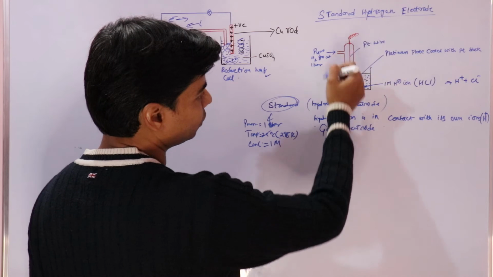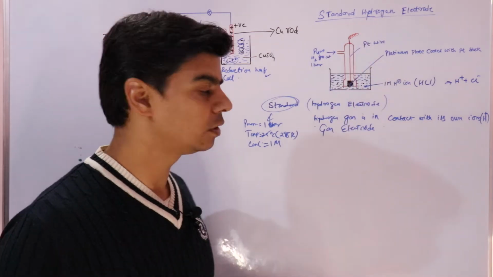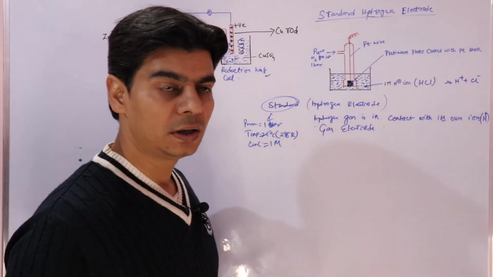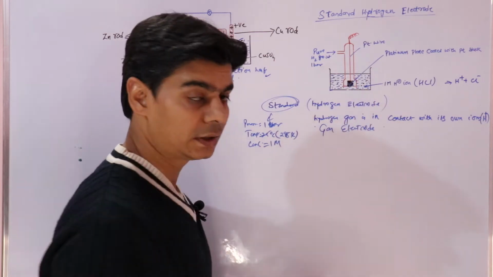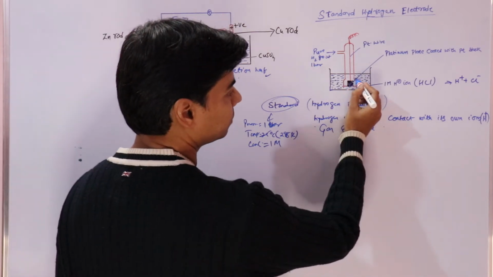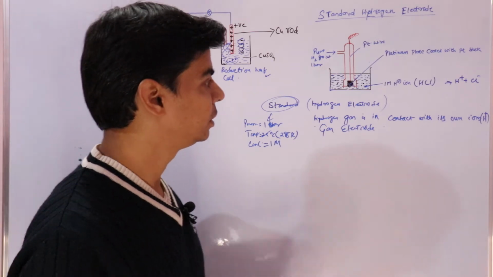The one that is shown in red color is a glass jacket that has a platinum wire inside it, and this platinum wire is connected to a platinum plate, which has platinum black coated on its surface.